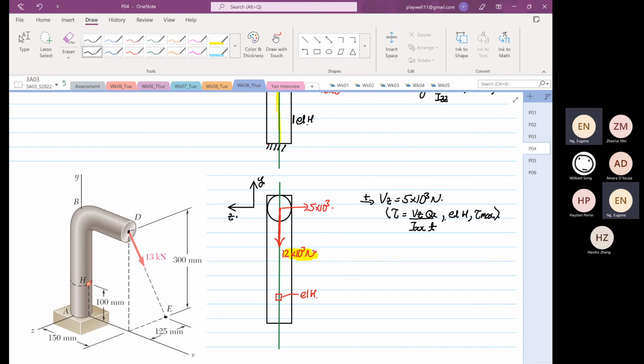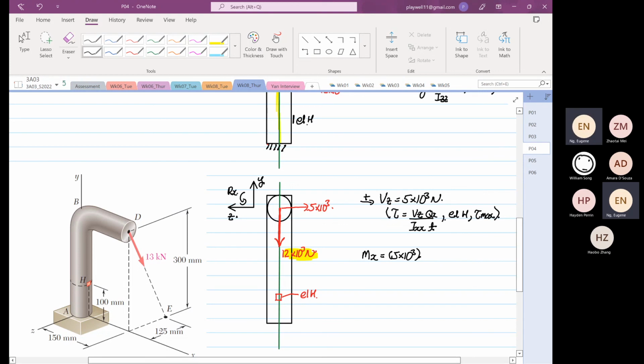Okay. Now the next thing that we're going to look at is moment in the x direction. So moment in the x direction is equal to 5 times 10 to the power 3.